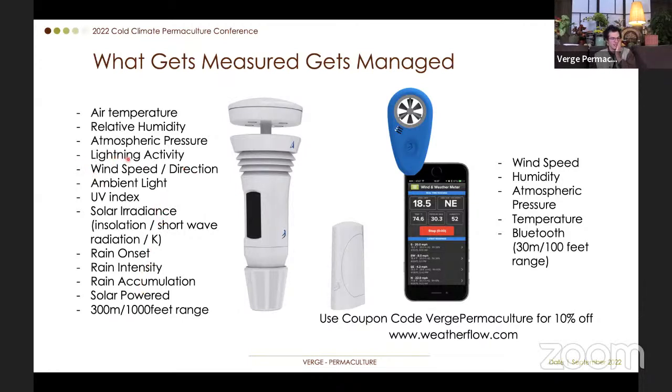It tells me, okay, lightning is on its way. And then I can look on Windy. If I've got time, I'll show you how I use Windy to give myself an early hail warning system. And then that little handheld one right here takes wind speed, humidity, atmospheric pressure, temperature, and it's Bluetooth. You just hook it up to your phone, go out there and measure, and there you go.